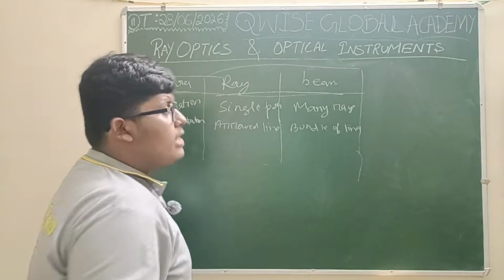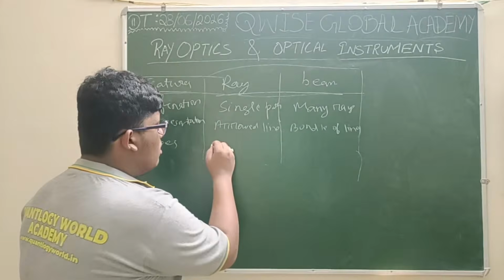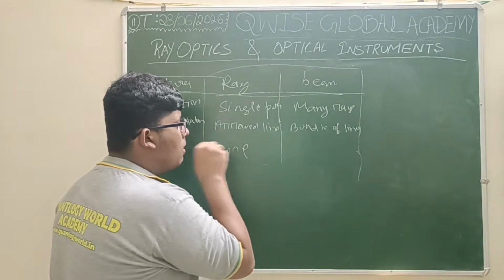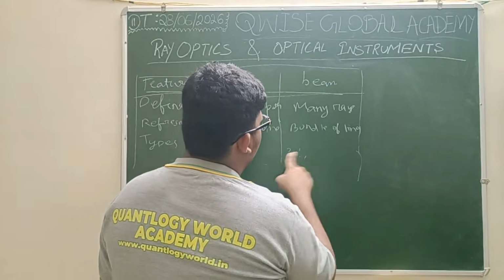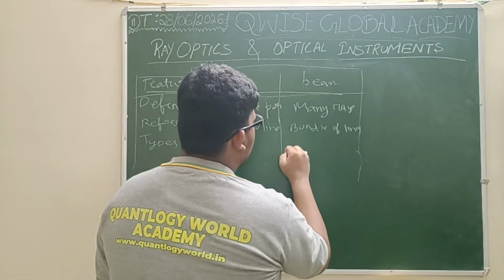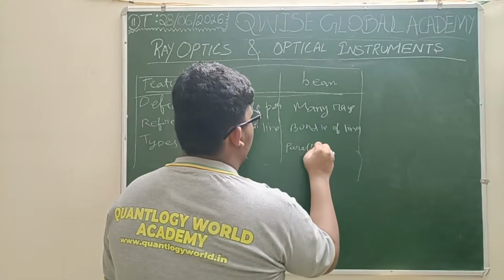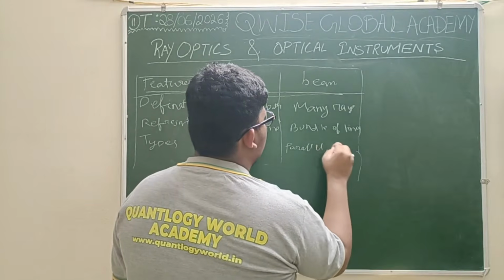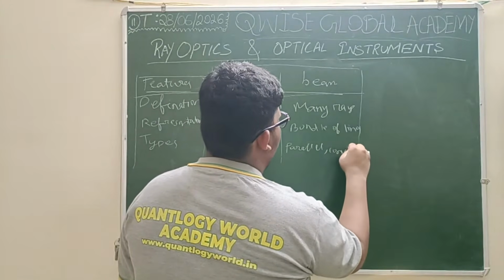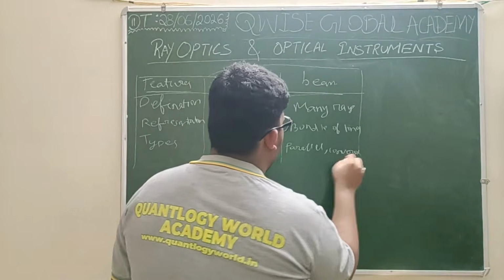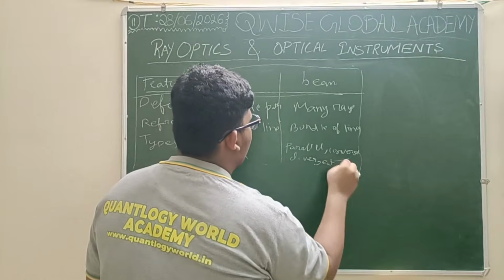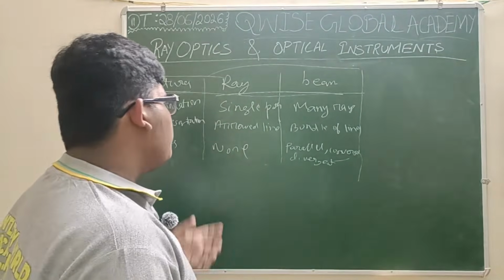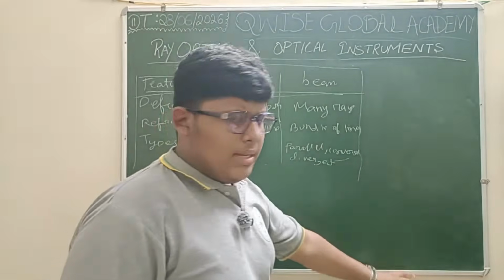There are no such types of rays of light, so we can write here none. For beam of light there are three types: parallel, convergent and divergent. So this is the basic difference between them. This can come in exams.